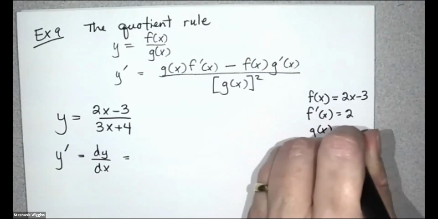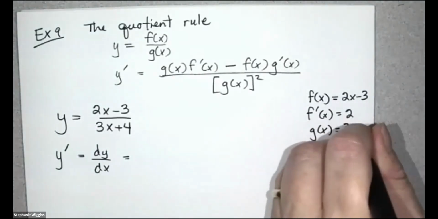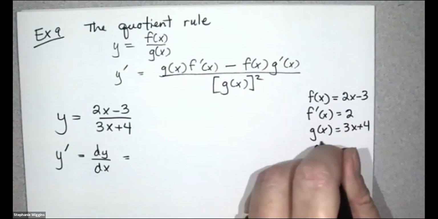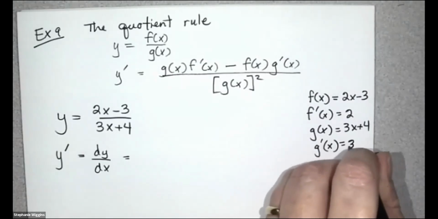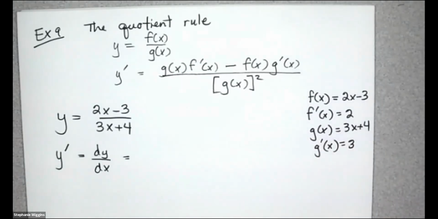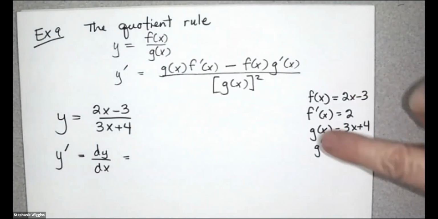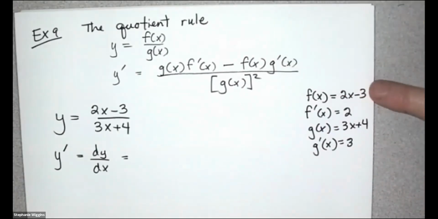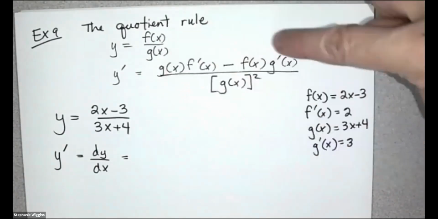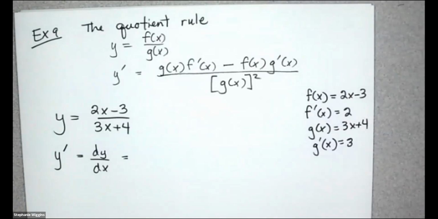The bottom function is 3x plus 4, and its derivative is 3. So I'm going to take these functions, just like I did when I was using the product rule, except now I have a different formula. I'm just taking these functions and plugging them in according to the formula.